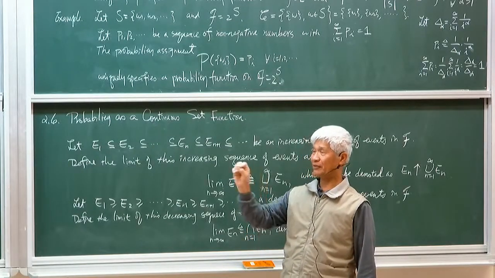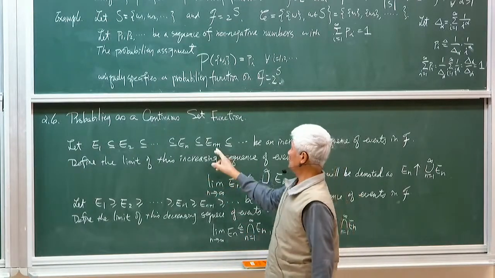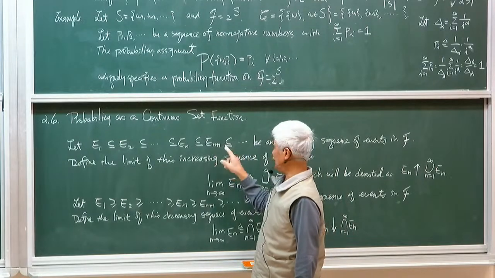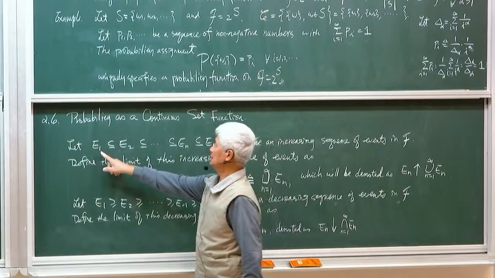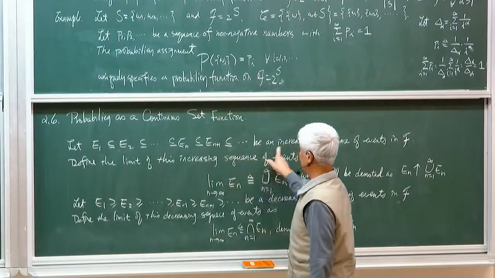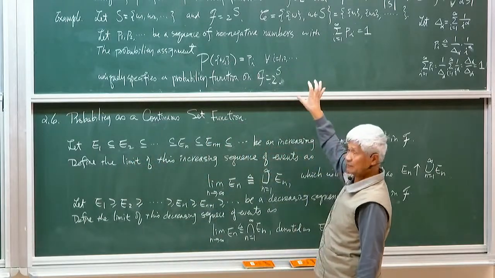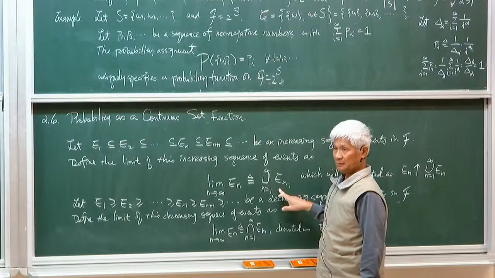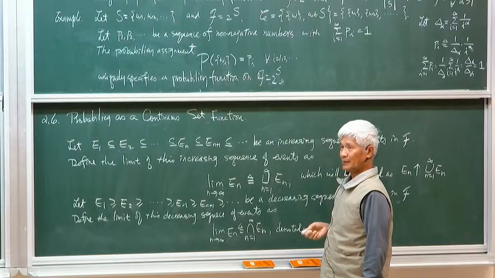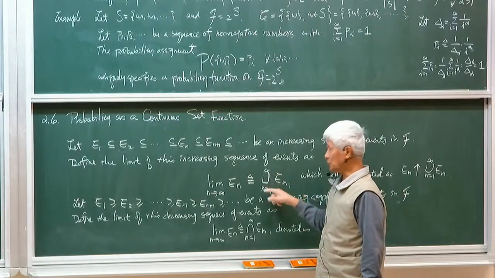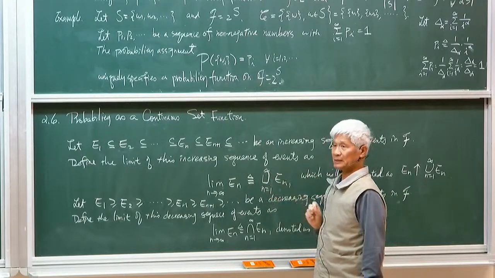You can't define the event directly, but sometimes we can describe the event through an increasing sequence of events, and the target event would be the union, or we say the limit, of these sequences. So this is the target event, and we want to compute its probability.